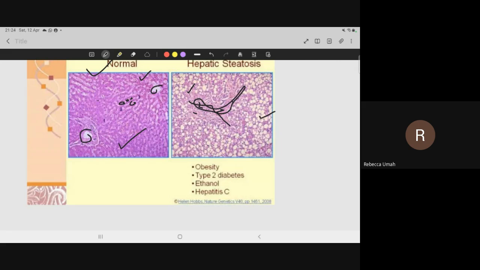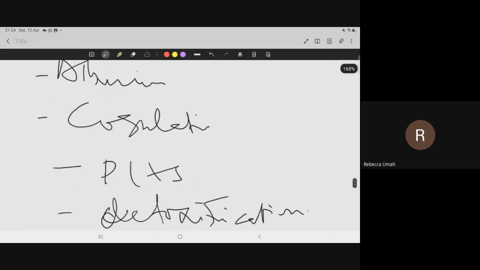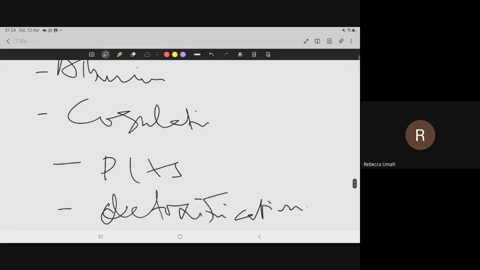When you have cirrhosis, it means your liver cannot do its functions. You will see hypoalbuminemia. That's also how you gauge liver prognosis when there is cirrhosis.